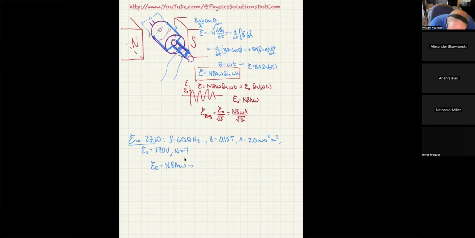So all we have to do is solve for N, and N will be E0 over B times omega times A. That's 170 volts divided by 0.15 tesla times omega, which is 2 pi times the frequency, so 2 times pi times 60 hertz. And then all of that times 2.0 times 10 to the negative 2 square meters.